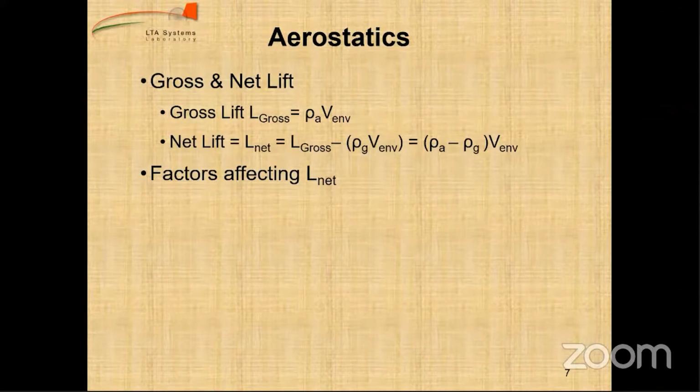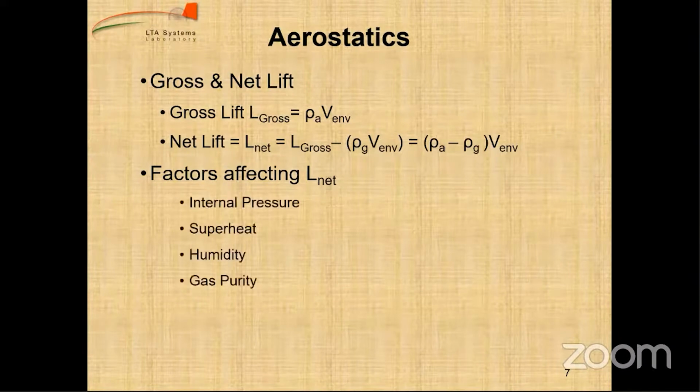Atmospheric conditions. Yeah, atmospheric conditions put many effects on the net lift. There are some factors which I have taken into consideration, like internal pressure of the envelope and the superheat when we take the airship from the sunlight to shadow, and from shadow to the sunlight.